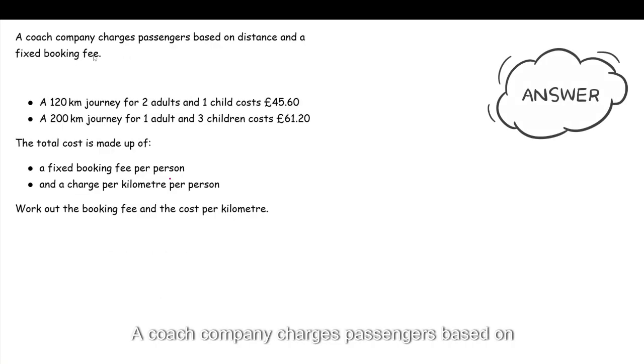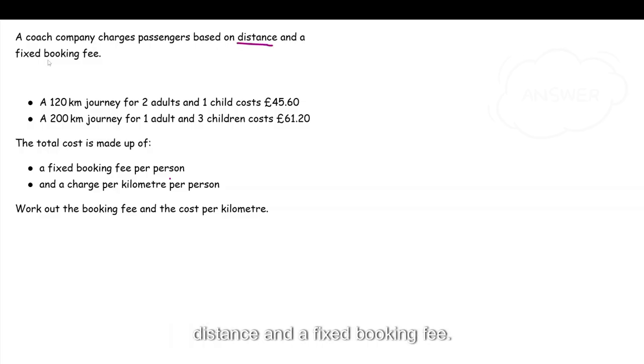A coach company charges passengers based on distance and a fixed booking fee. Now, this is really important. When many students see this question, they think, oh, adults and children may have different fee structures, like adults might have to pay more, children have to pay less or something.